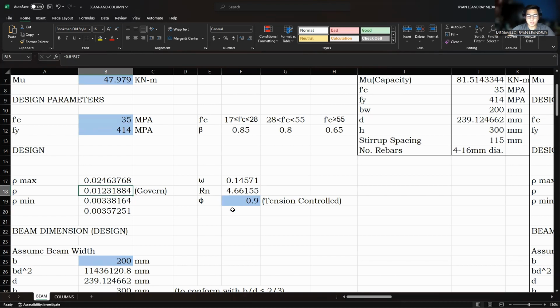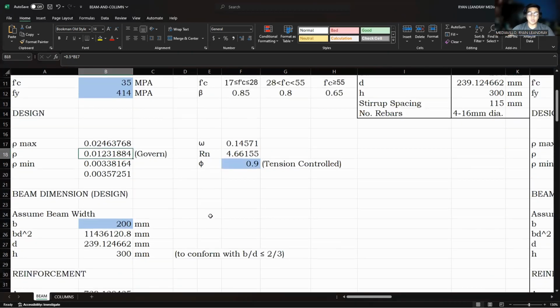And also, we have decided to put 0.9 for the phi or the safety factor for it to be tension control.